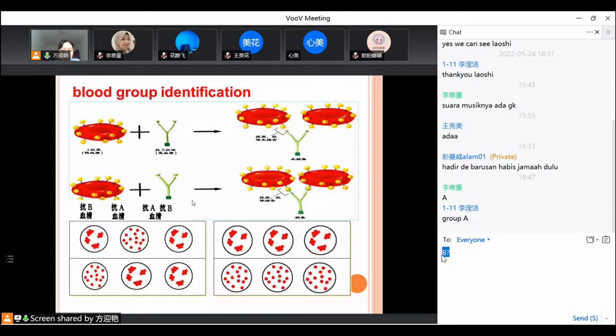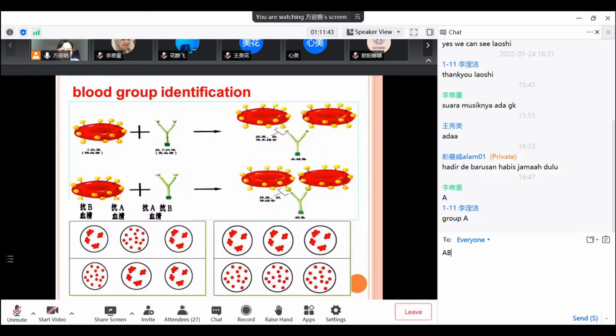Can you tell me, in this red blood cell, which type of antigens are on the red blood cell? Who can tell me?